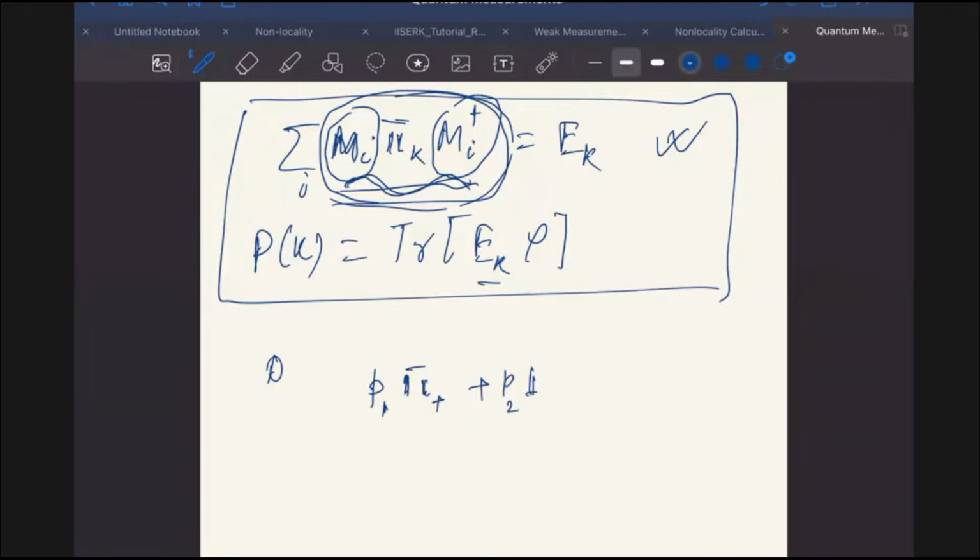You are tossing a coin, and if you get a head, you are measuring some observable, getting some result associated with that. So I should write P1 into M1 plus P2 into identity, because with P1 you are doing some M1 measurement and with P2 some identity.